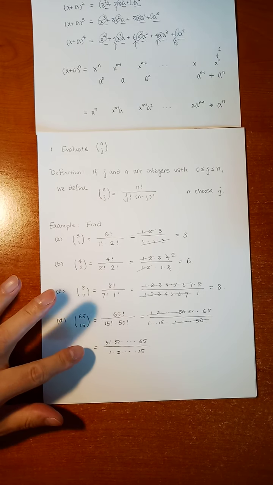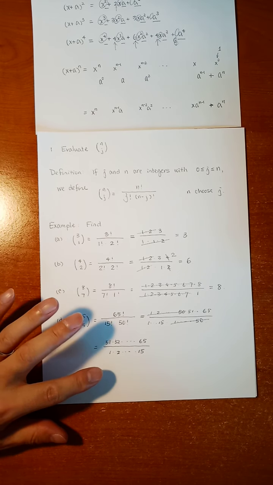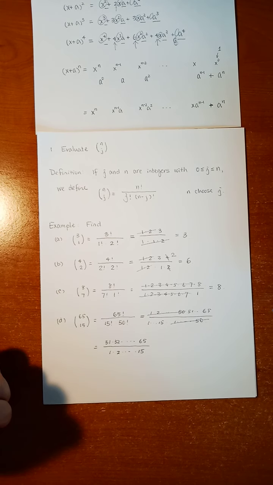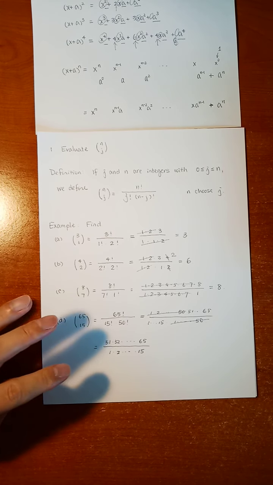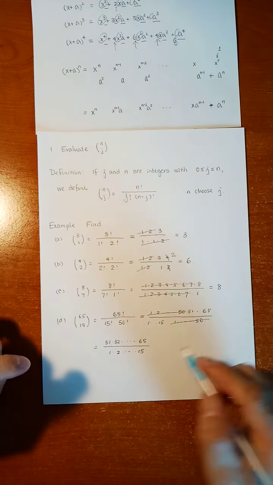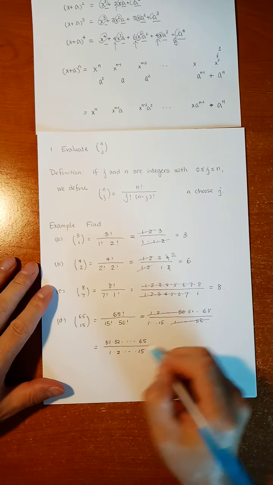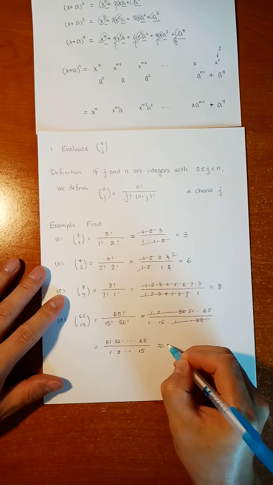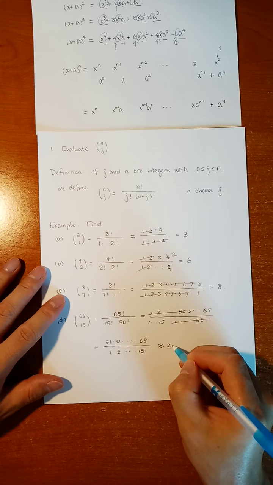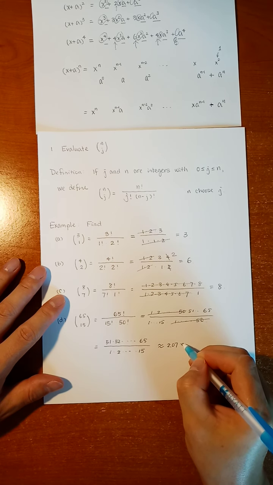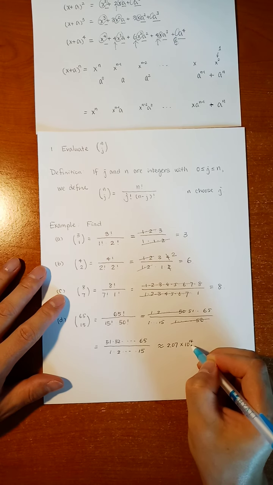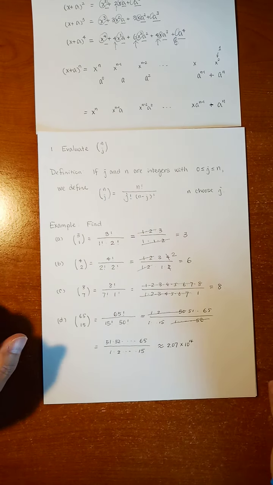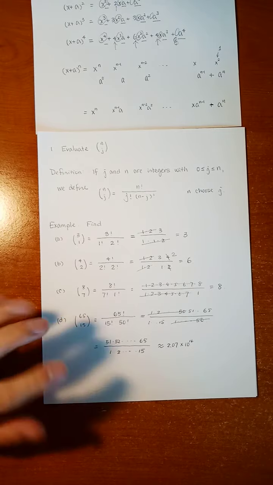In the exam, you will not see such a huge number. You see here, even with the calculator, we are not going to really compute it. In the calculator, it's approximately 2.07 times 10 to the power 14. There are 14 zeros.